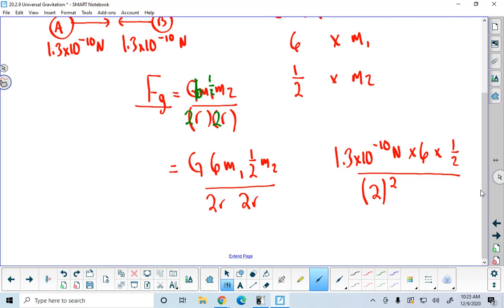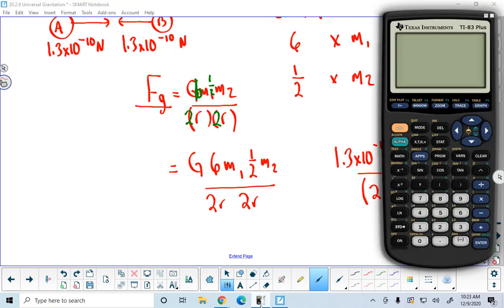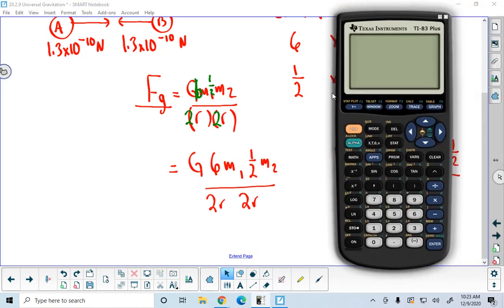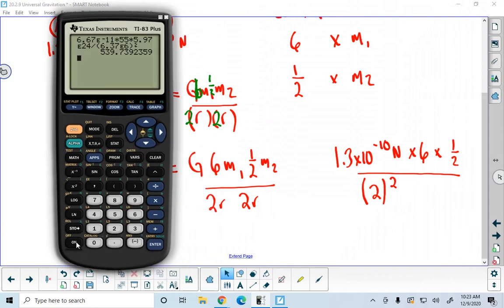And there will come a time, everybody, where you will just read this question and say, well, okay, let's see, 1.3 multiplied by 10 to the negative 10 is the force. So what do we do? Oh, we multiply a mass by 6. We multiply a mass by a half, which is 0.5.